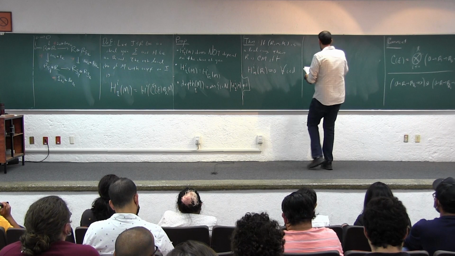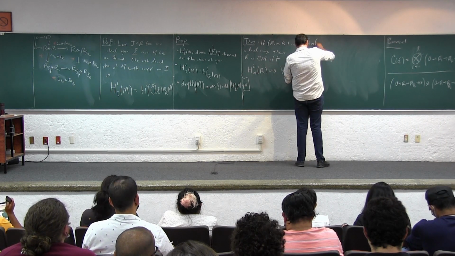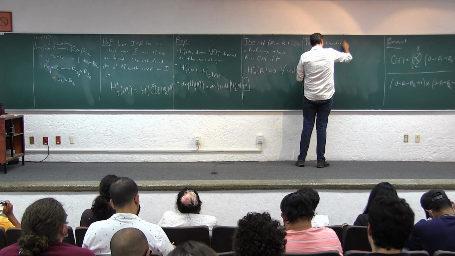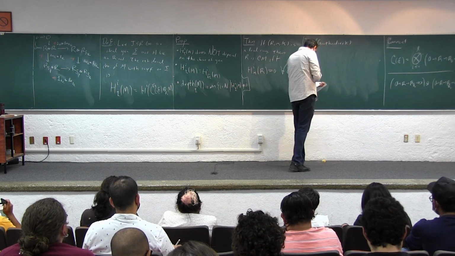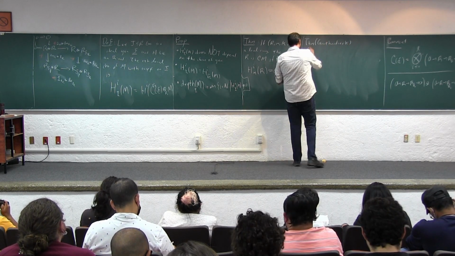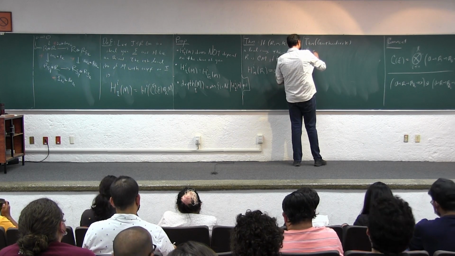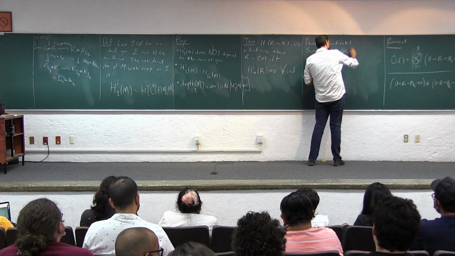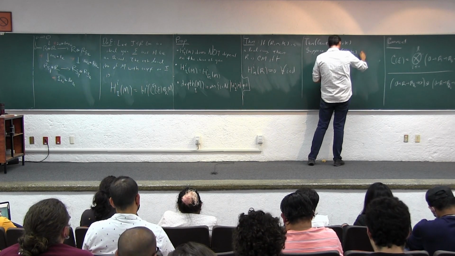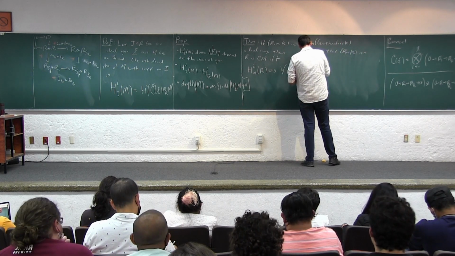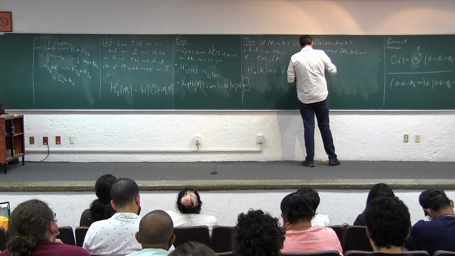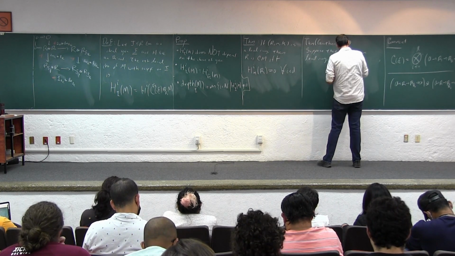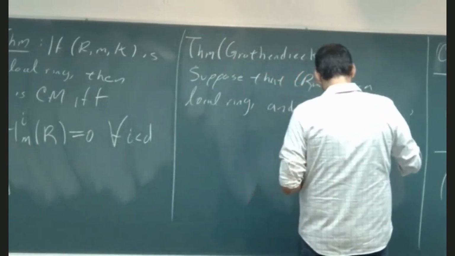So here is where a theorem by Grothendieck, what's called the non-vanishing theorem of local cohomology, comes in. In a local setting, so local ring, let t be equal to the dimension of the module.